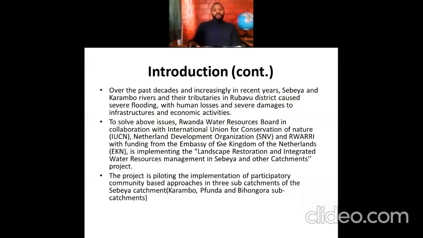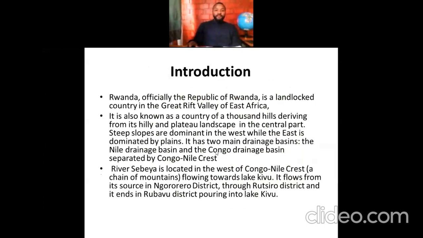Some brief introduction about some recent floods that have happened on this river. So it has been causing some problems because the river starts in Ngororero district, it flows through Rutsiro district, and ends in Rubavu district, where it pours its water in Lake Kivu.